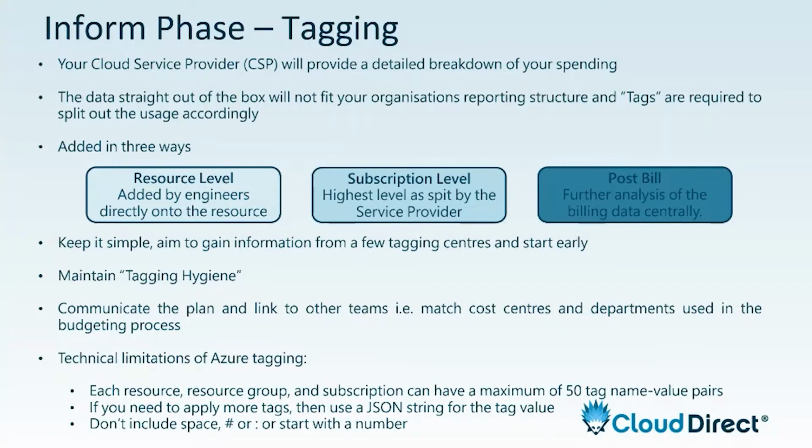Now these tags can be added in three different ways: resource level, which is frontline by the engineers directly onto the resources. You've then got a natural division and measure at subscription level, and this will really help to segment business units or geographies, for example. And then post-build, where the tagging might need some further analysis or processing to help paint a fuller picture of what's actually going on.